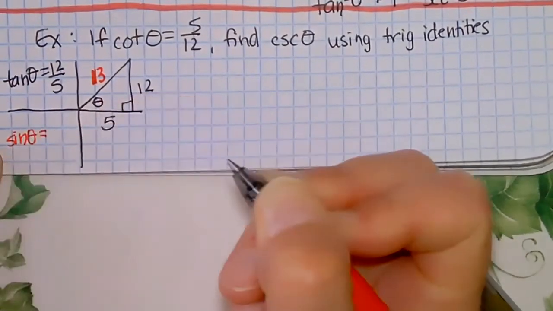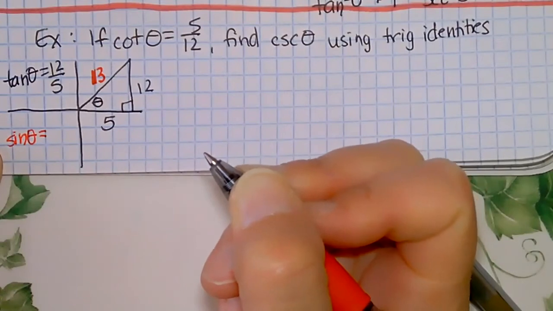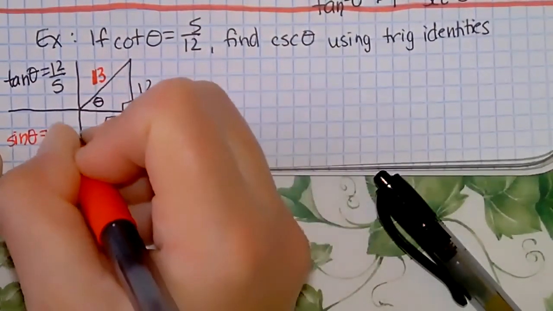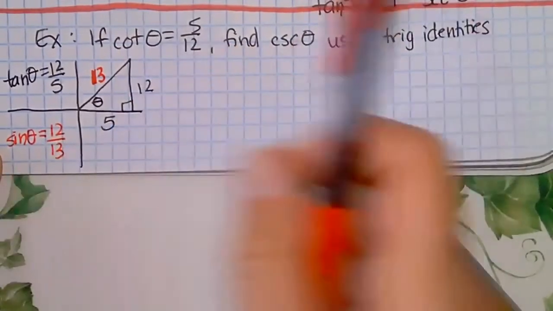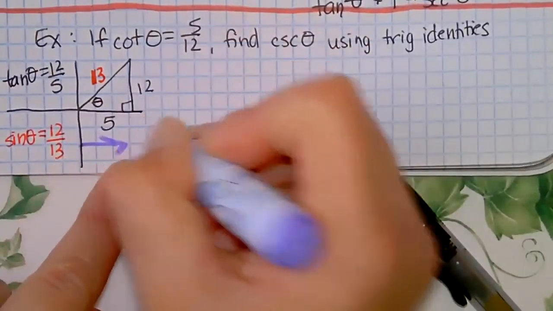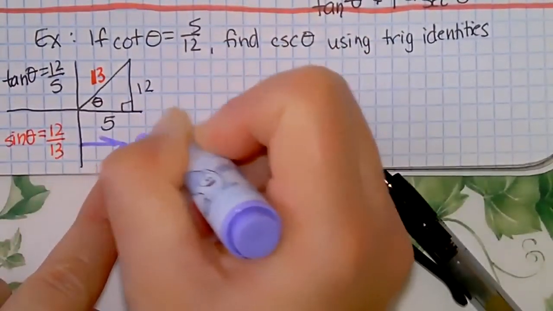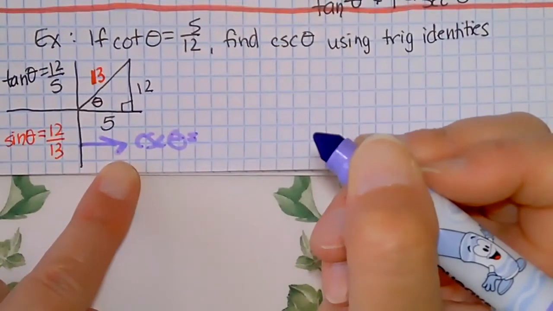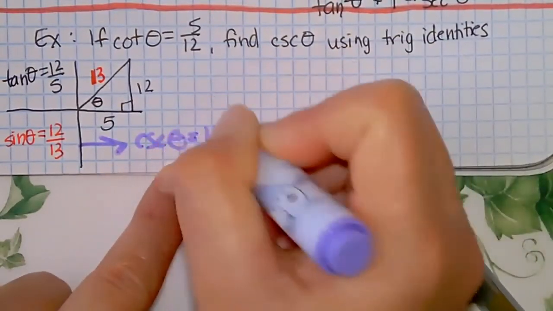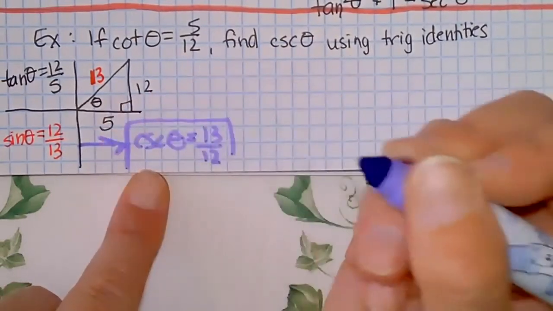So let me first find my sine, and then I can take the reciprocal of it. So sine is opposite over hypotenuse, which is 12 over 13. So that is going to mean that our cosecant is going to be the reciprocal of this, which is 13 over 12. And that would be your answer.